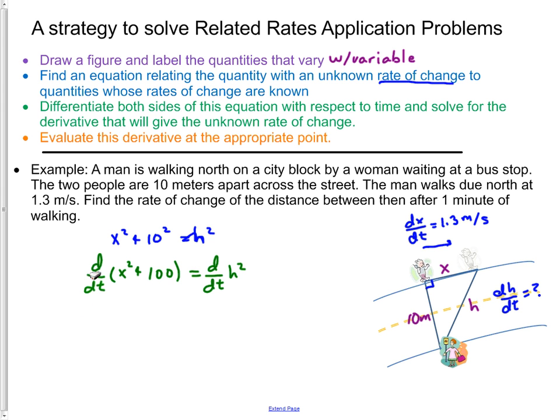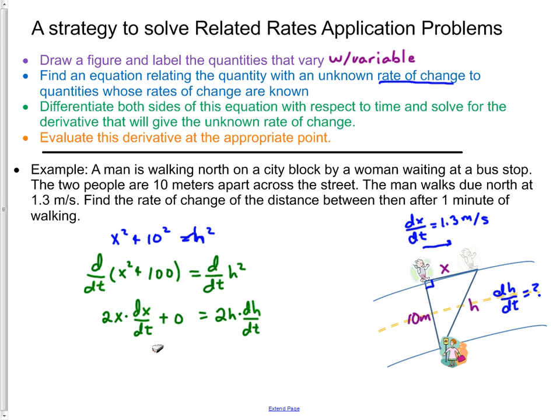Using our chain rule, we get 2x times dx/dt on the left plus 0, because the derivative of that distance, that never changes, that's a constant, is going to equal 2h times dh/dt. And so we have our relationship right here.